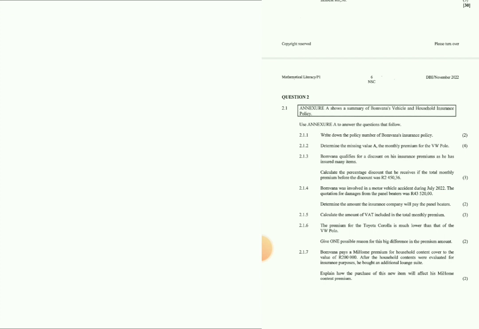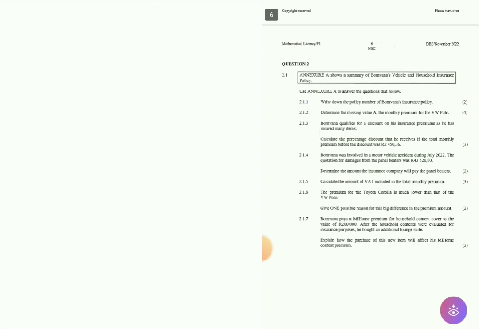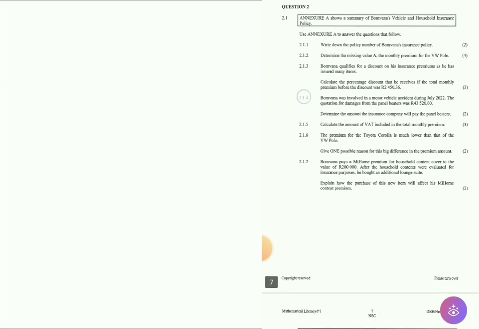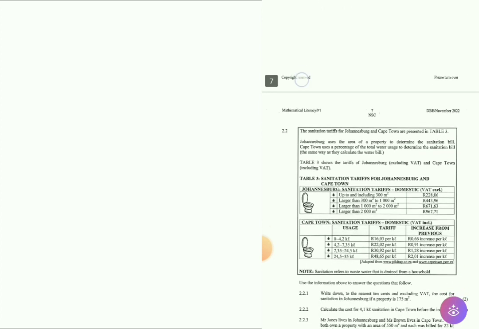2.1 Annexure A shows a summary of Bomvana's vehicle and household insurance policy. I'm not sure whether this name is isiZulu or what. Use Annexure A to answer the questions that follow. Okay, you should use Annexure A. Where's the Annexure A first of all?